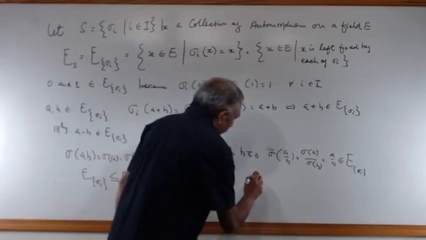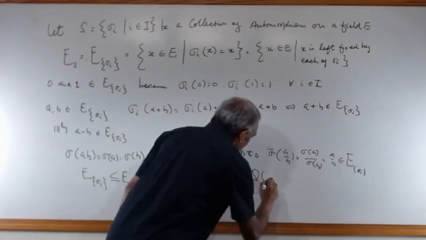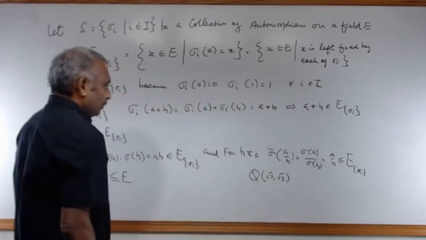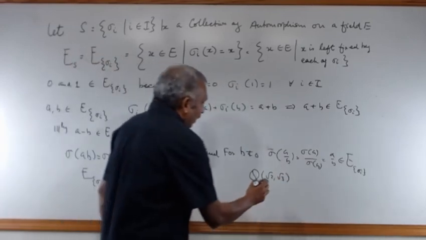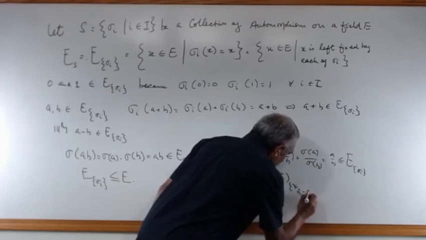There, Q of root 2 comma root 3, and the collection of automorphisms is only psi of root 2 comma minus root 2.